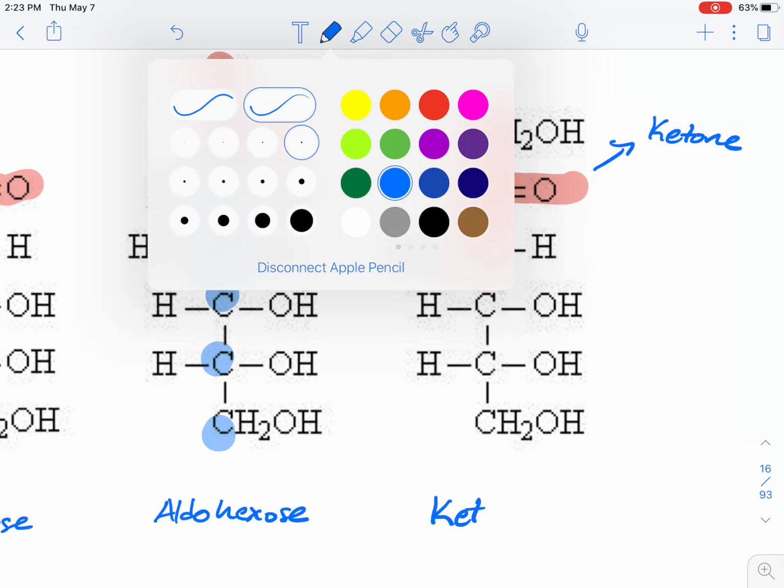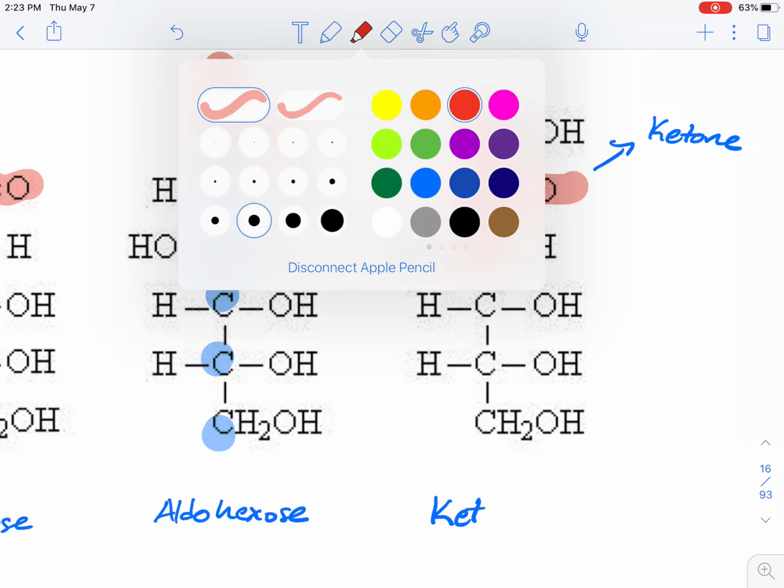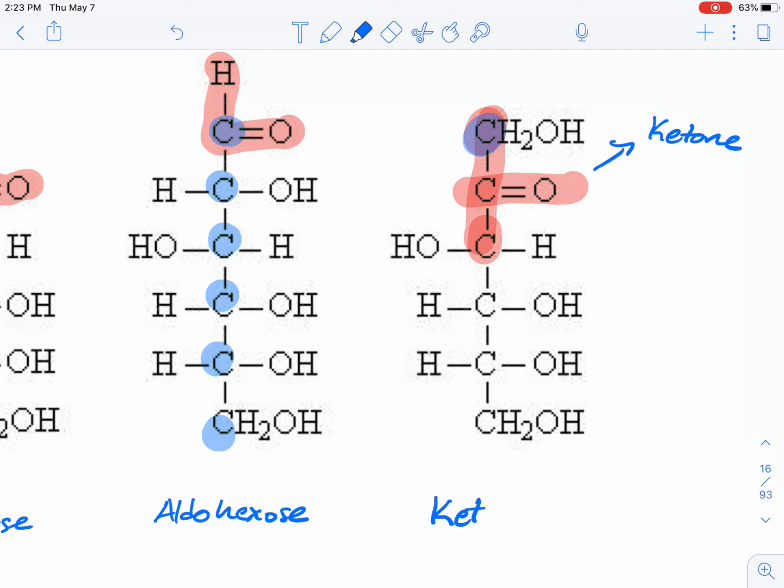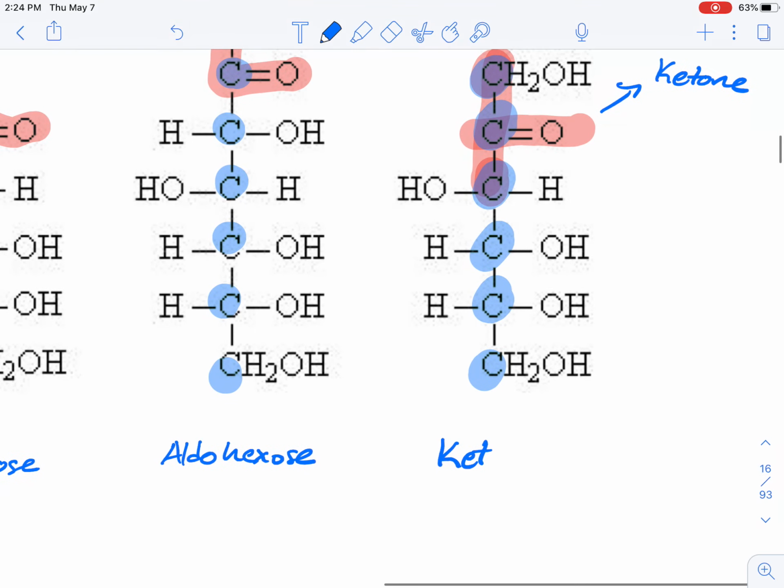Now I need to determine the number of carbons. I have 1, 2, 3, 4, 5, 6. So I have keto, hex, because I have 6 carbons. And since this is a carbohydrate, it's going to be -ose. So this is going to be a ketohexose.